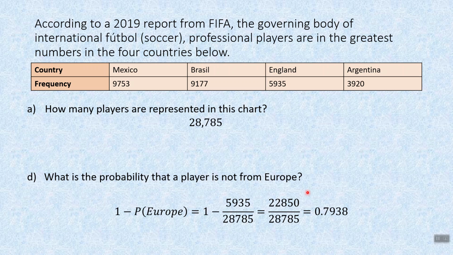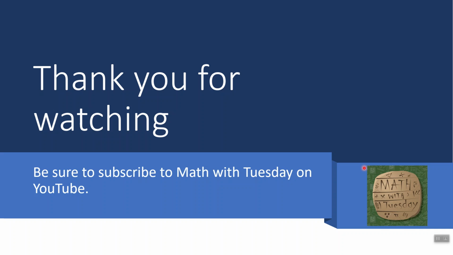So 79.38% or 0.7938 is the probability that a player from here is not from Europe. And that tells me that England carries a little less than 21% of the number of top professional international soccer players. Still a mouthful. Look at that.